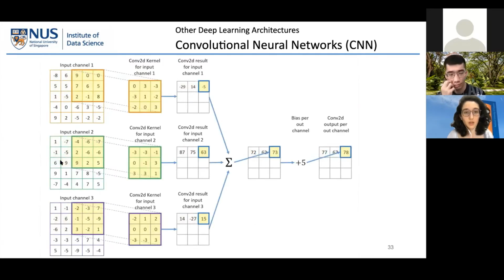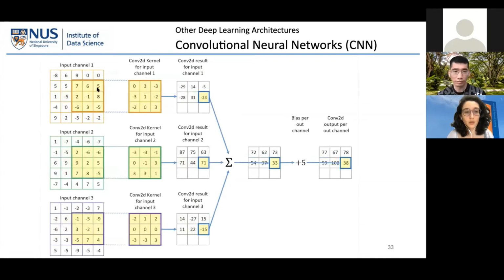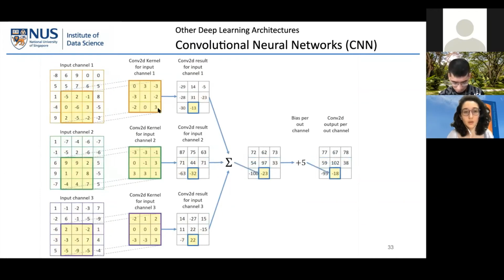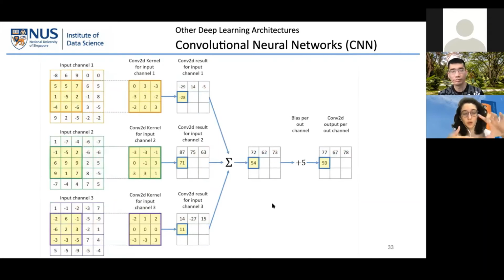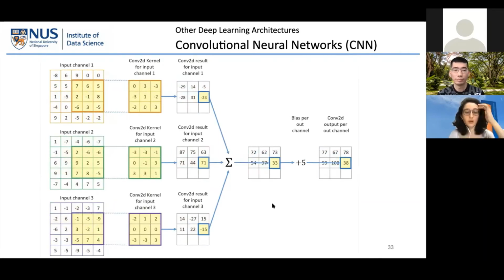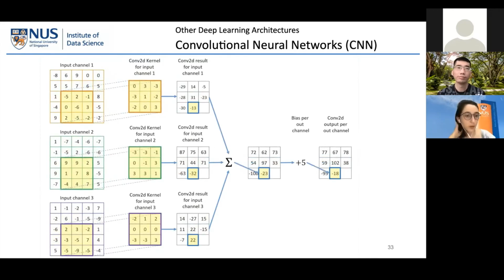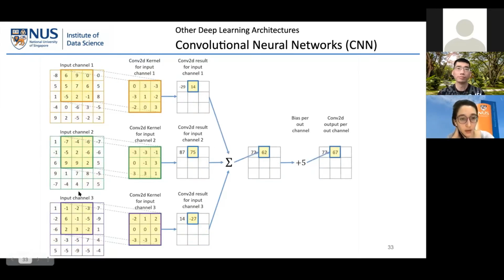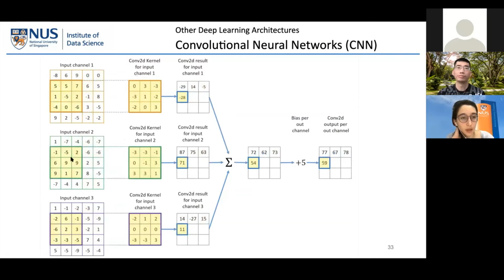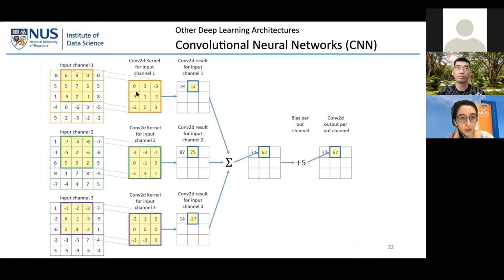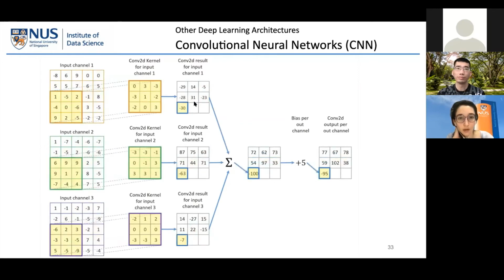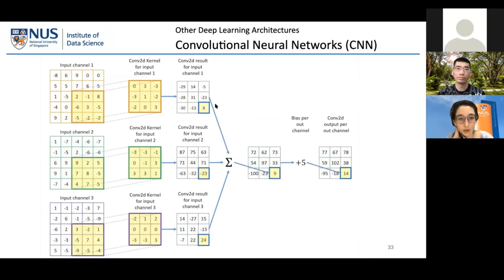Okay, so it's just an overview of how it could be seen with not only one single building block, but with several input channels. You have several filters that you pass. So here's the filter matrix. You pass it to the input channel. You get a convolved feature.